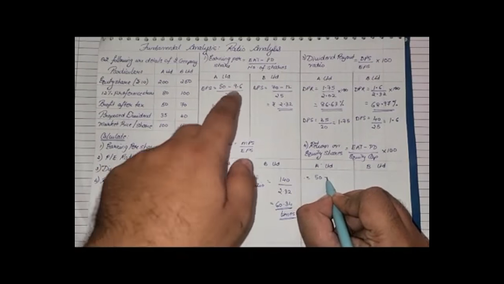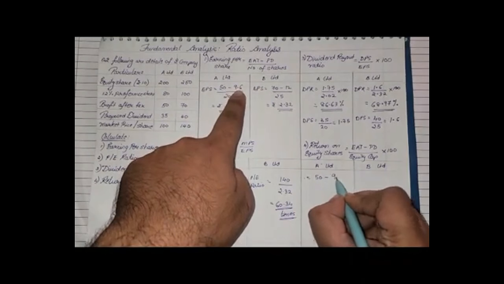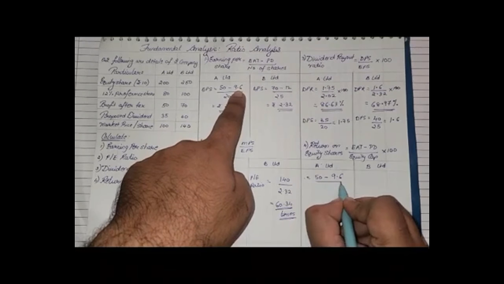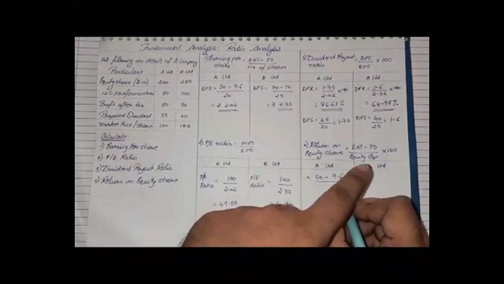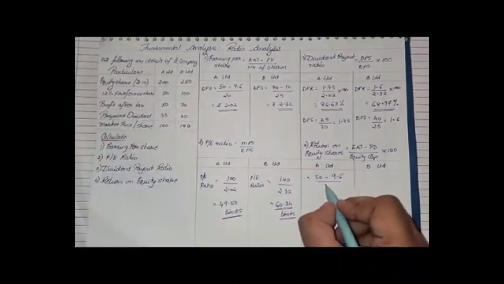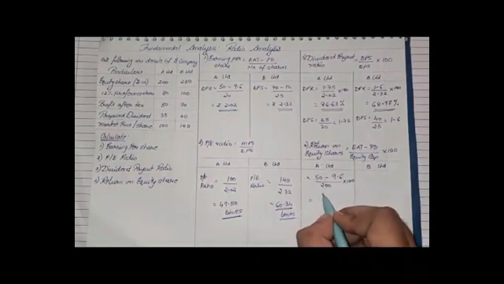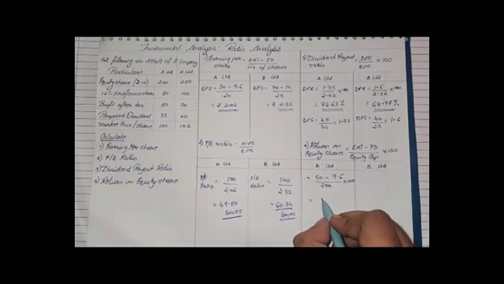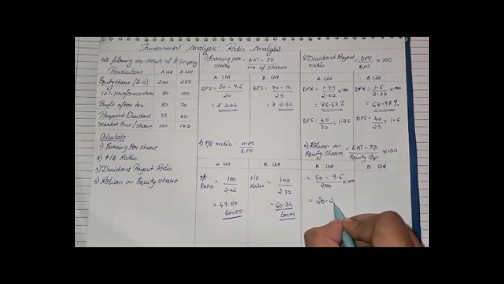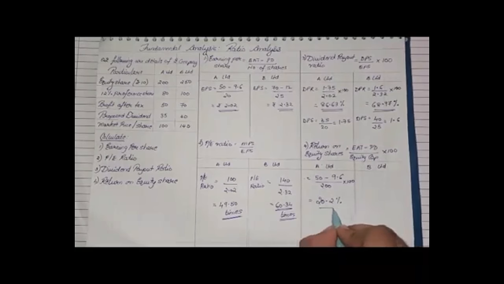Preference dividend, we have already found PD here, which was 9.6, upon total equity capital. Now equity capital here was 200, into 100. So when you subtract, divide and multiply, the value of return on equity share you would have got as 20.2%.